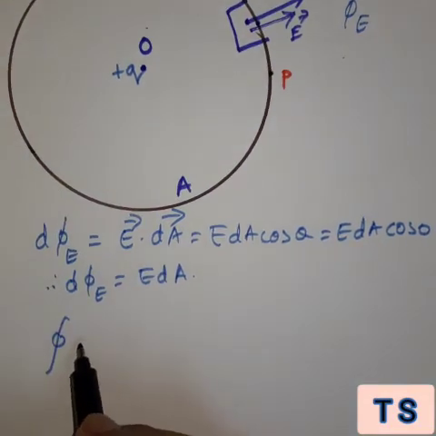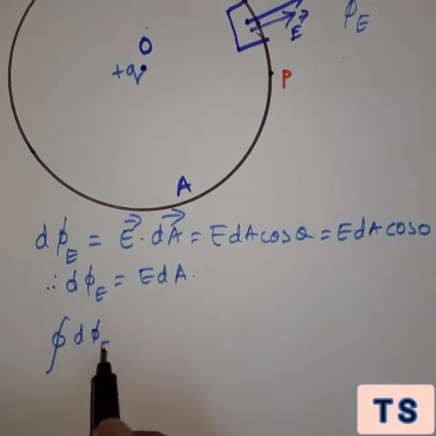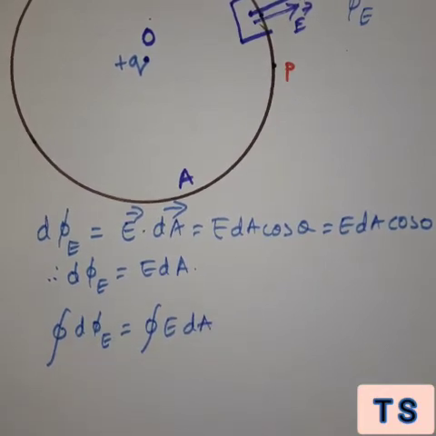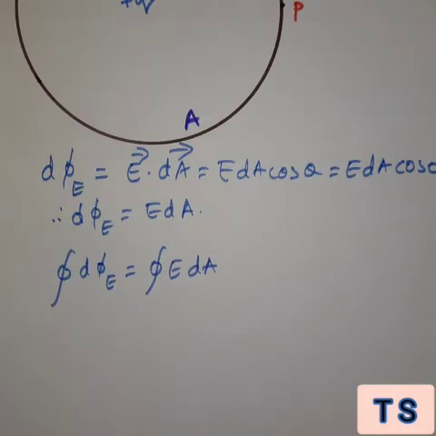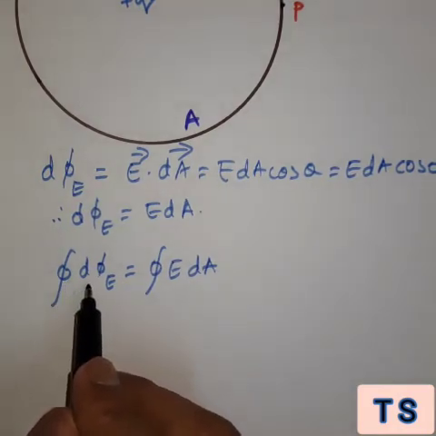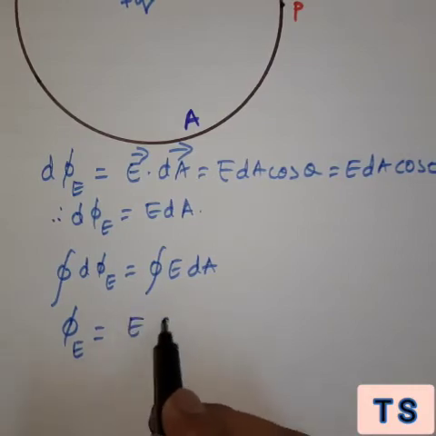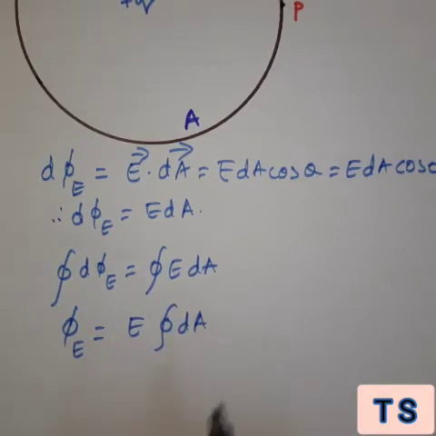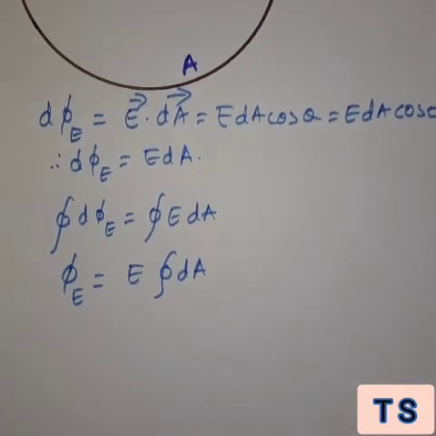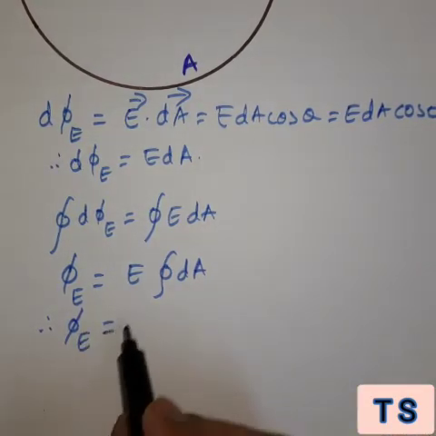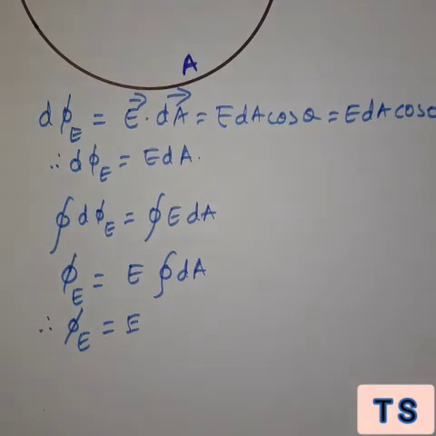So integral of d phi E is equal to closed surface integral of E dA. If I simplify this, integration of d phi E should give me phi E, which is equal to E times the closed surface integral of dA.